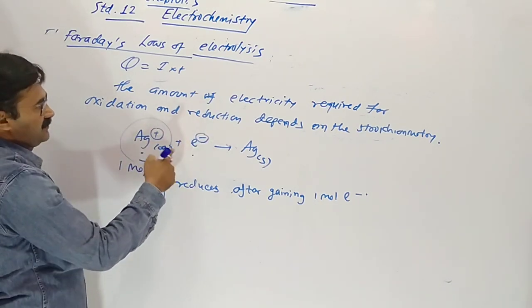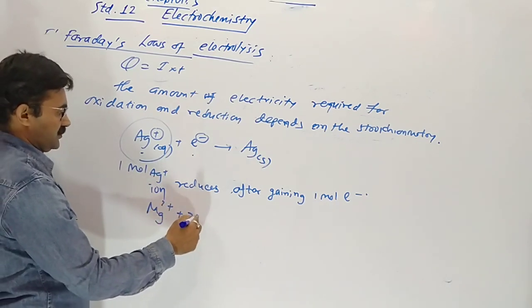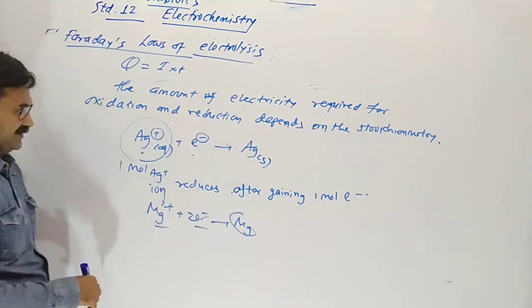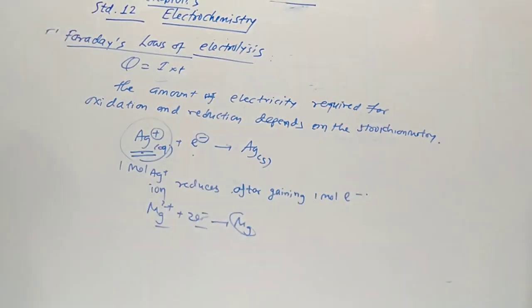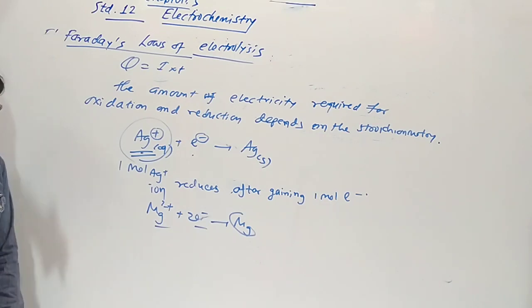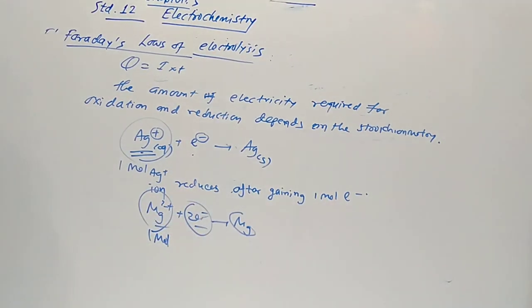Plus 1 means 1 electron. Suppose plus 2, so it gets 2 electrons for reduction. This is stoichiometry, nothing else. 1 mole Ag+ ion reduces after gaining 1 mole electron, and 1 mole Mg2+ ion reduces after gaining 2 mole electrons. Understood?